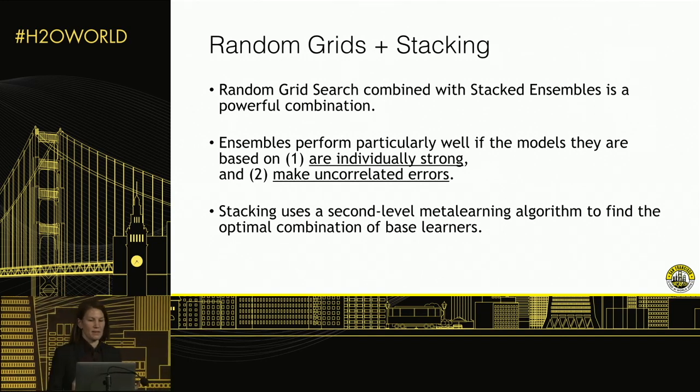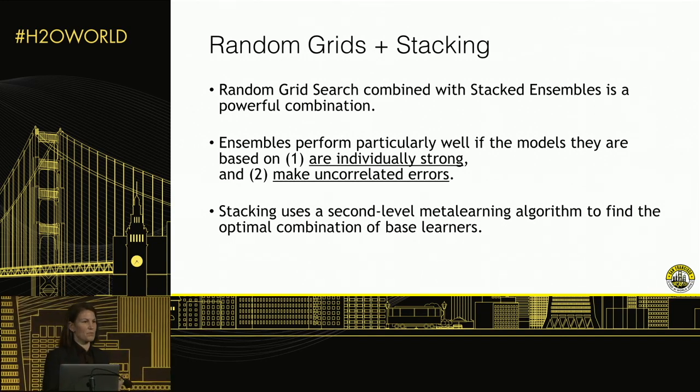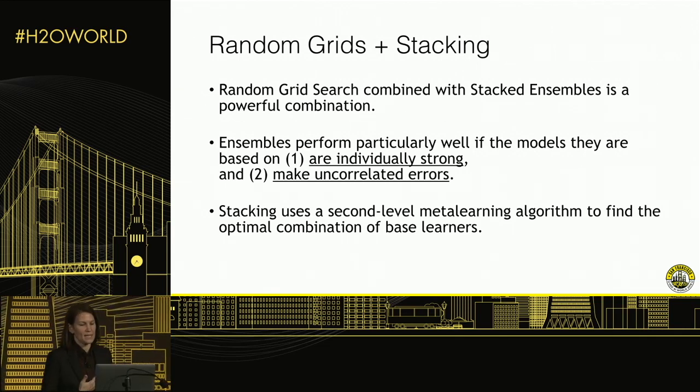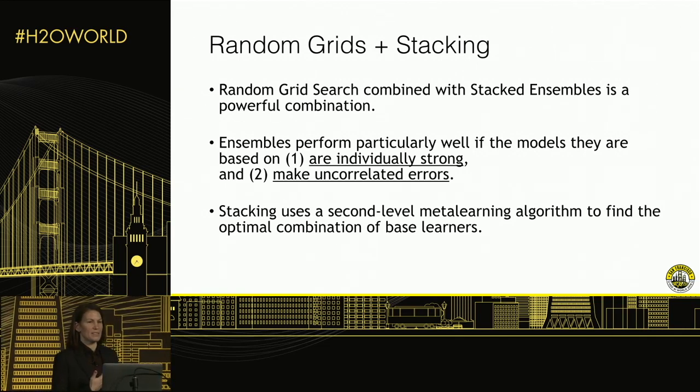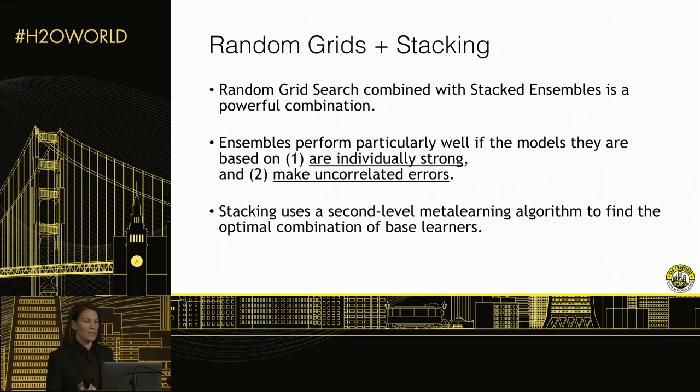But the truth is that these two things work really well together, because stacking works really well when you have a diverse set of base models to create the ensemble. And if you're using randomness to generate models, then by nature those models will be pretty diverse. So that's a good way to combine these two things together.